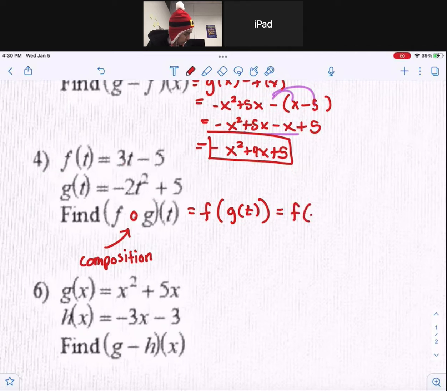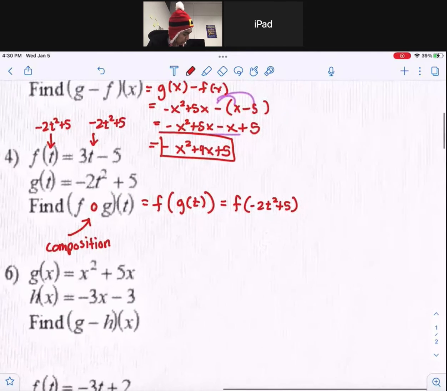So f of negative 2t squared plus 5. Now, this tells you that you have to plug this into the f function. Everywhere you see t in the f function, it now becomes negative 2t squared plus 5. That's what it means to plug in, right?